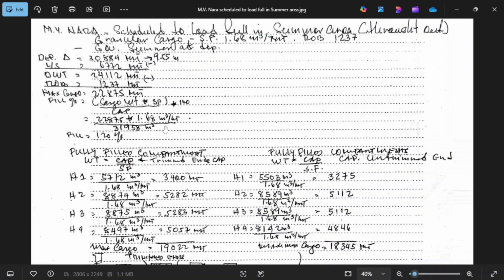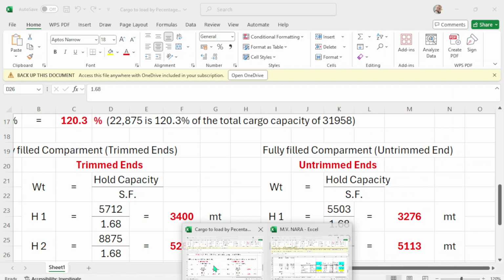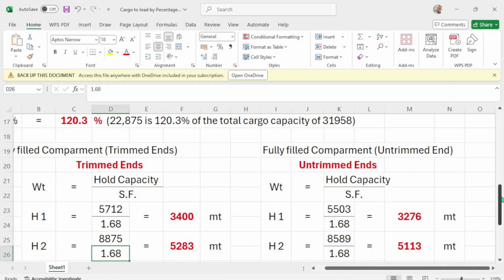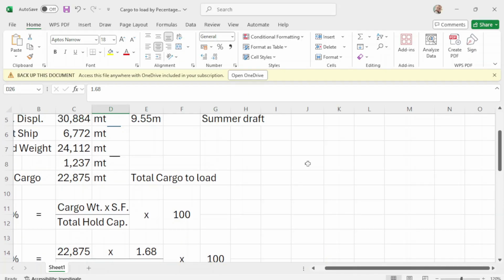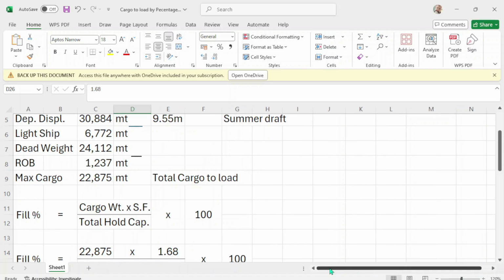Okay, it's not percentage, I'm sorry. So you have your total cargo to load of 22875. To get the percentage of loading, it is your total cargo weight times stowage factor over total cargo hold capacity.